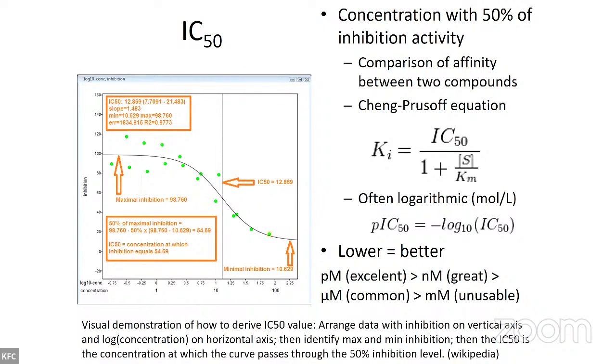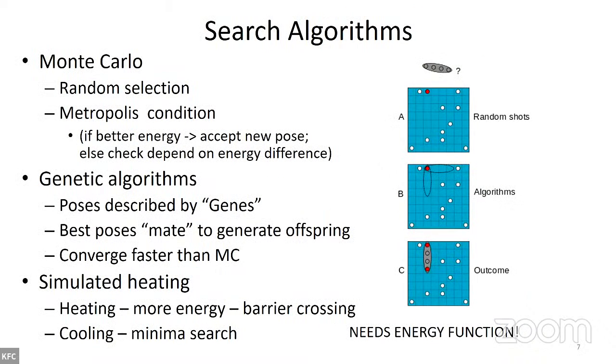And this stronger binding means that you would need a lesser amount of the compound to actually bind. Usually what we get for small molecules is somewhere in between nanomolar and micromolar range. So this is usually what we see in the docking sessions.